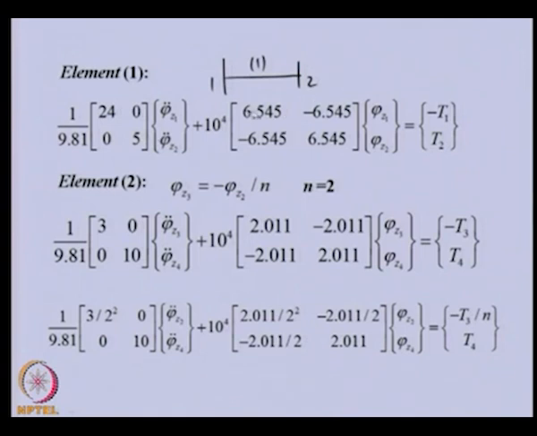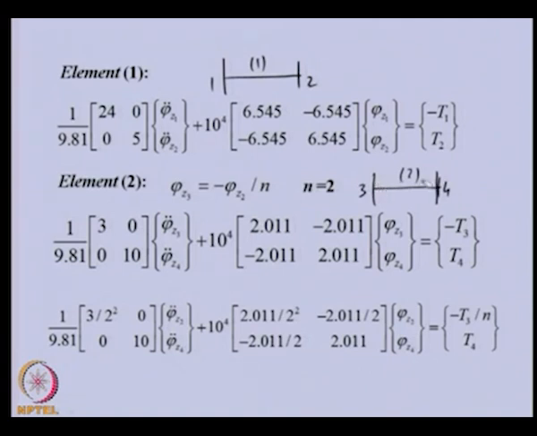This is the stiffness matrix, the conventional stiffness matrix, and this is the same vector as this. Only thing is, here this is a displacement, this is an inertia, and these are the reaction torques at nodes 1 and 2, T1 and T2. For element 2 we have nodes 3 and 4.